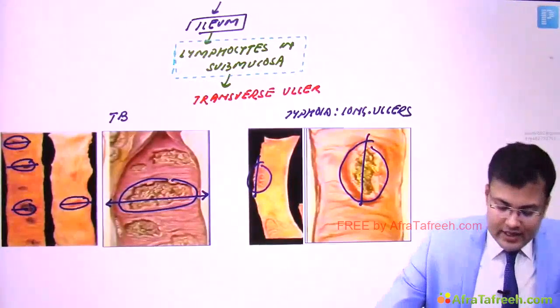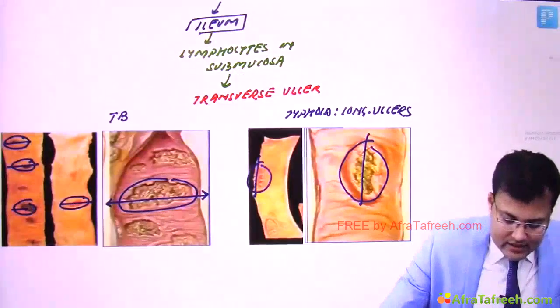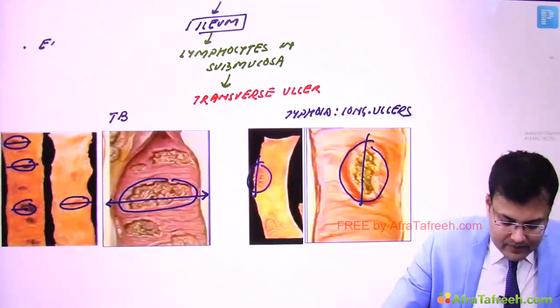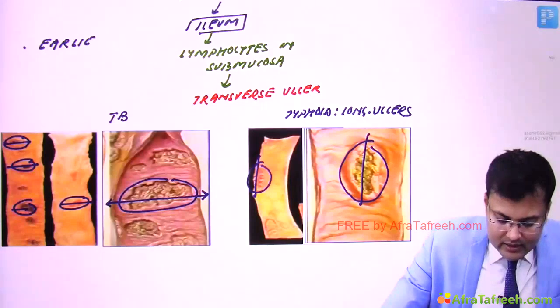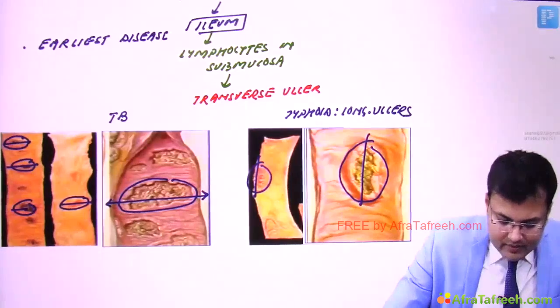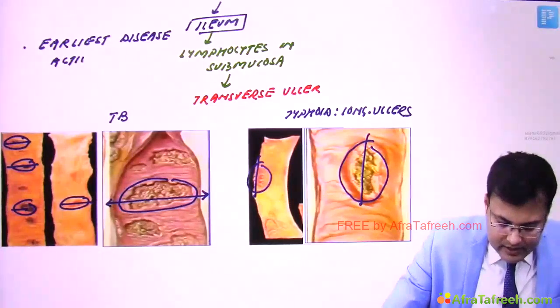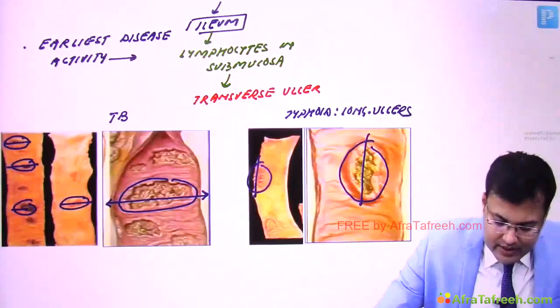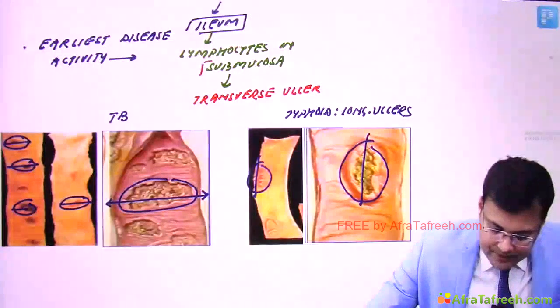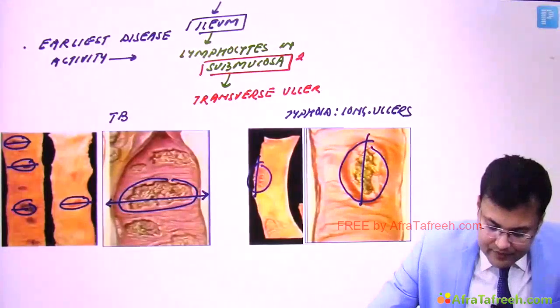Okay, so see here, earliest disease activity is seen in which layer? It is seen in submucosa. Right?